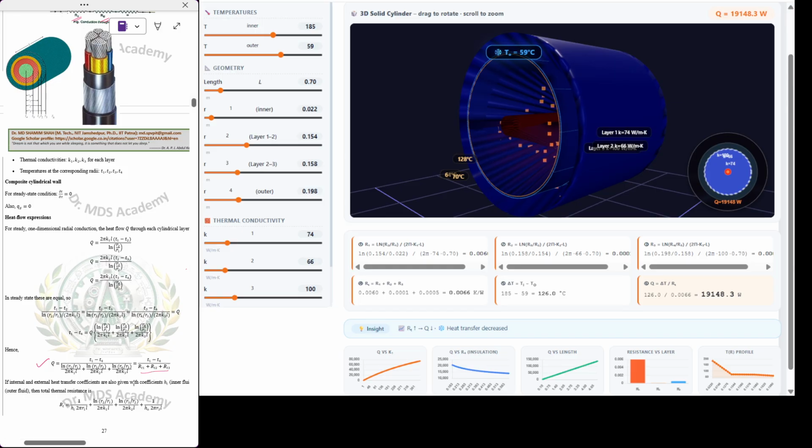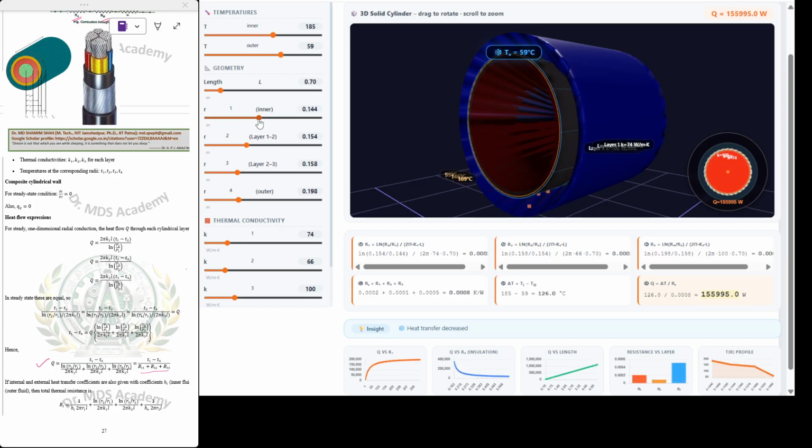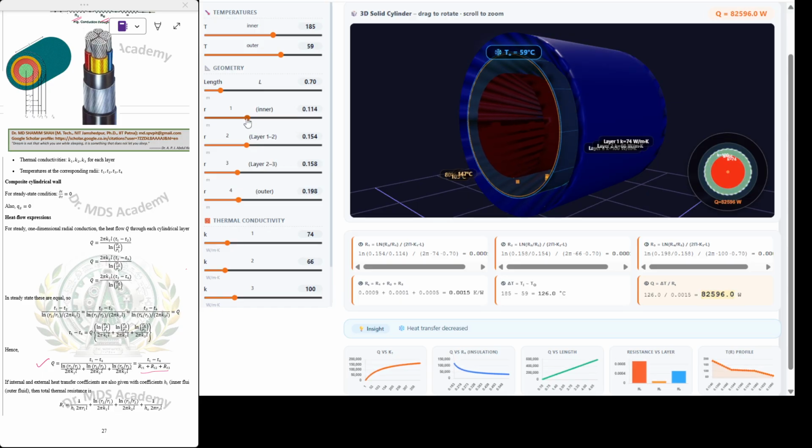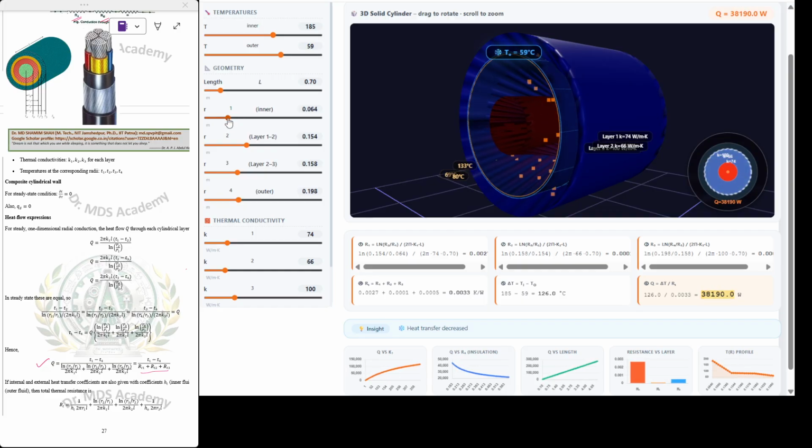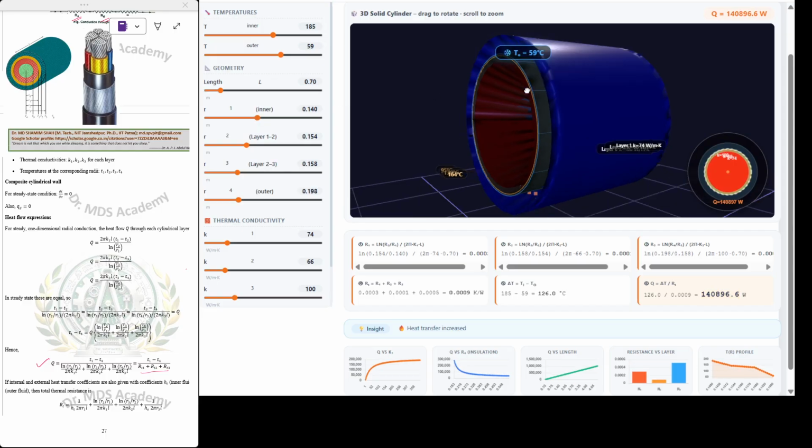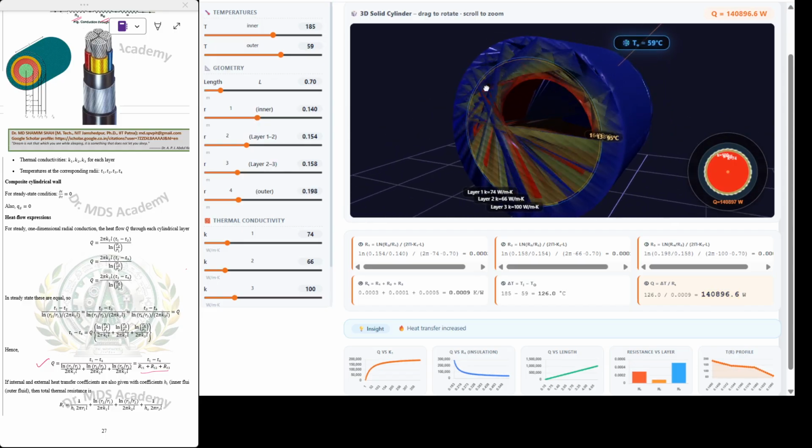When the resistance decreases, Q must increase. R1 here is the radius. When you are decreasing the radius value, Q is decreasing. You can check from here also.